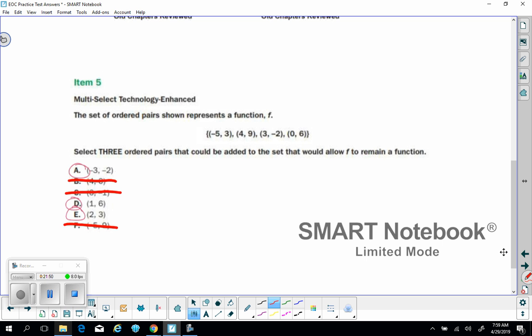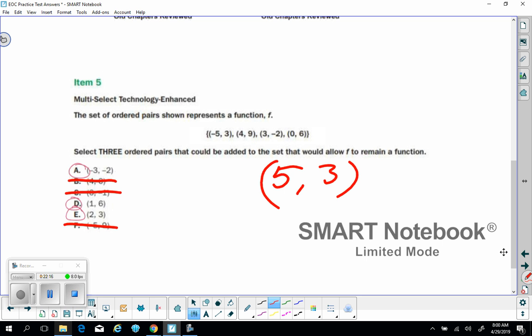Any questions about this one? Would this point keep it a function? Yes or no?